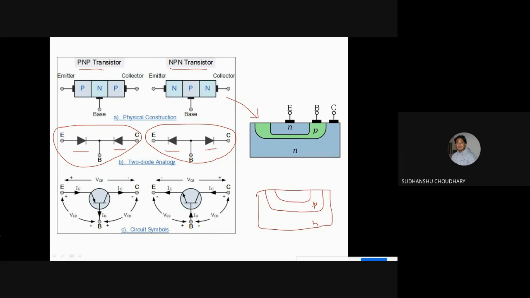That is, you take out the P-type semiconductor from this area so that a cavity is formed. Then in this cavity, you deposit or diffuse N-type impurities, and then you provide connections to these three regions. This way, a BJT can be formed, not by connecting two separate diodes by wires.